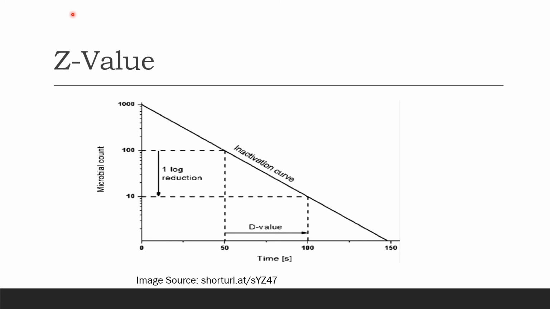A sterilization protocol with any given organism of known D value is established by having the inactivation factor. This inactivation factor is equal to 10 raised to T upon D, where T is the contact time and D is the D value. So this D value must be appropriate, and the inactivation factor is also required for sterility assurance.